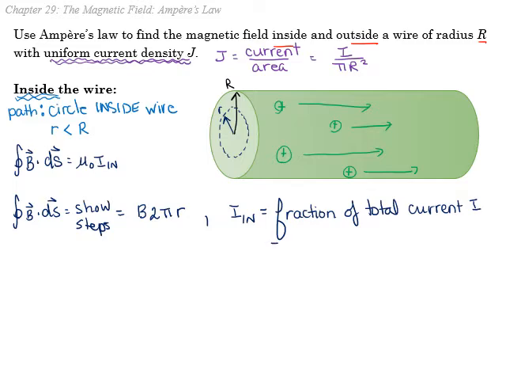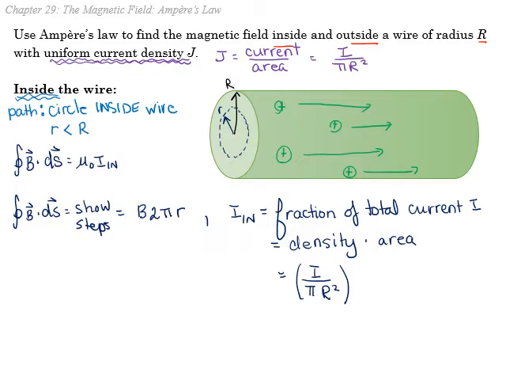If we want to figure out what is I in, we can use that the current would be the density times the area. The density we defined up above, that's the current divided by the area of the whole wire. So it's the whole current divided by the whole area.